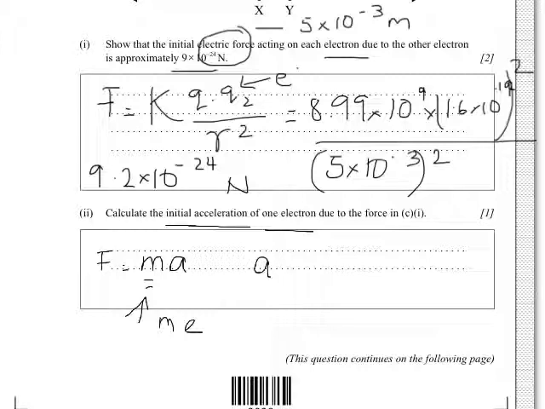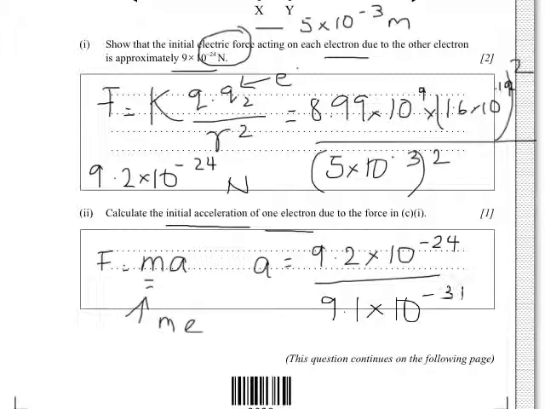So the acceleration will be the force from the previous question, 9.2 times 10 to the minus 24 over, okay, 9.1 times 10 to the minus 31, and that gives us a value of approximately 1 times 10 to the 7 meters per second squared, because it's acceleration.